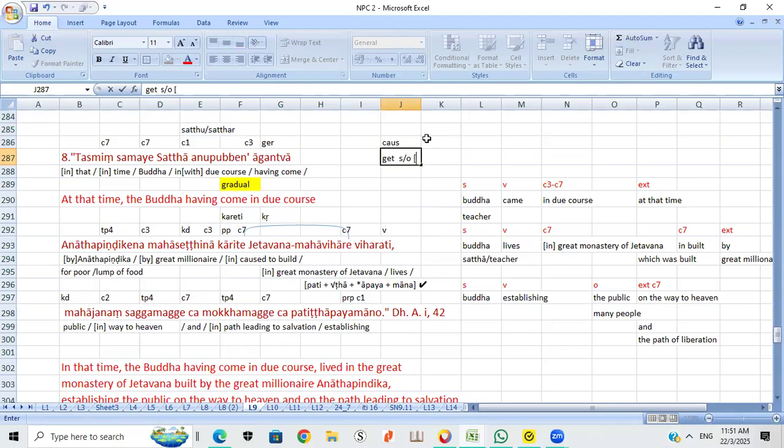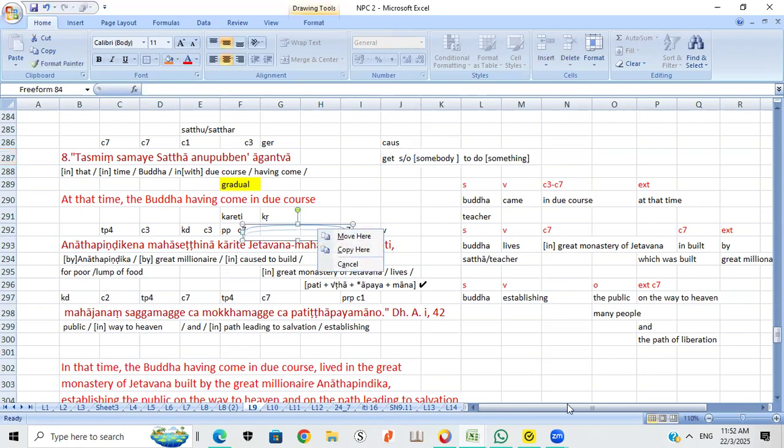So in this case, somebody, the verb must be put to do something. So this is the causative. That means you get the man to cut grass. So in this case, this is a causative. So that means you get somebody to build the monastery. So this one is causative.